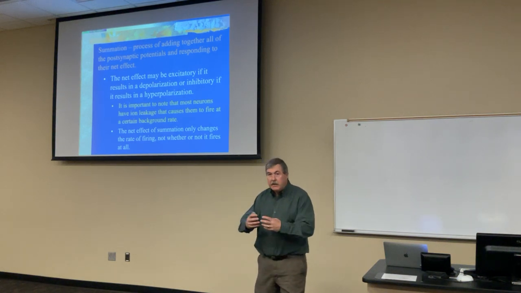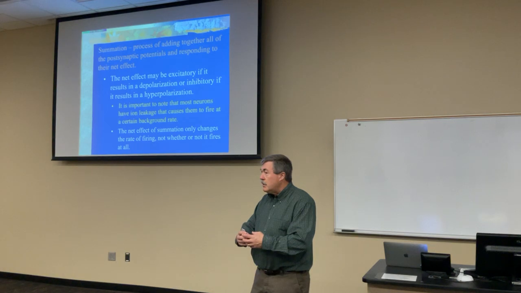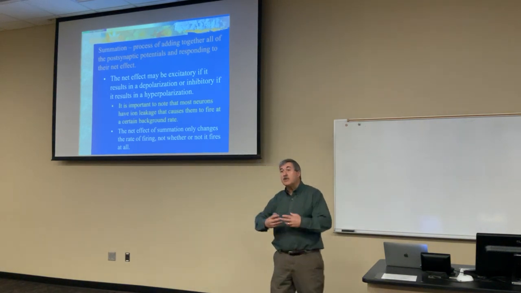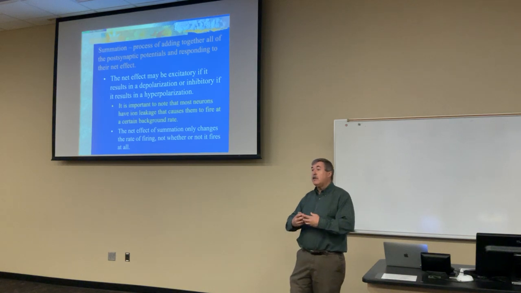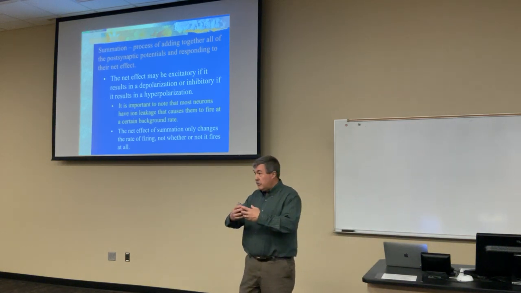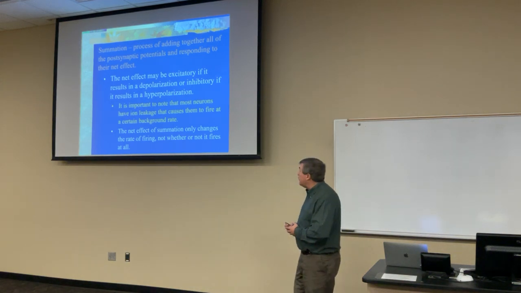And by combining the effects of two or more local potentials, you can produce a different effect. Okay, the effect is usually the sum of all of the local potentials that are occurring on the postsynaptic neuron at about the same time. Okay?